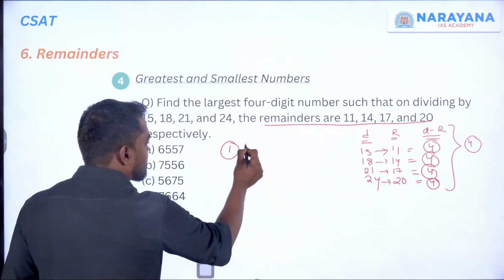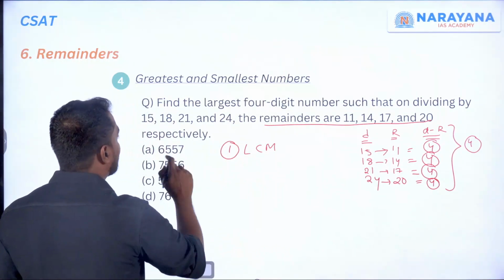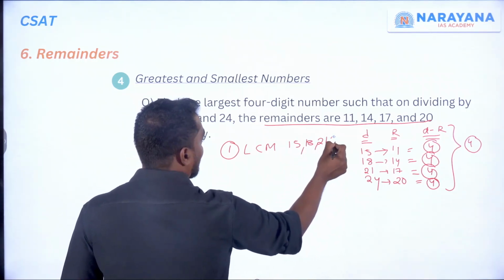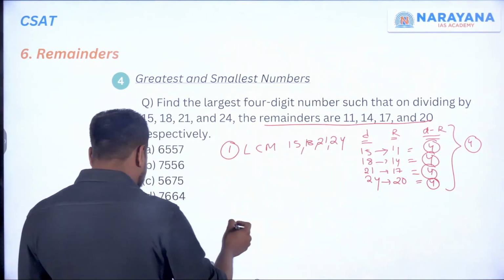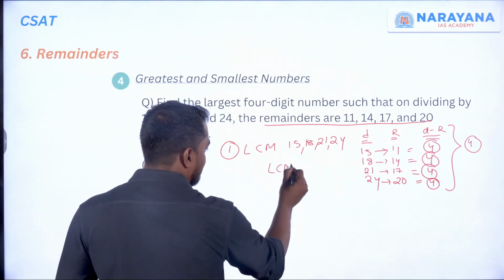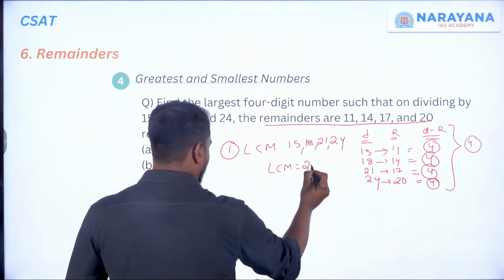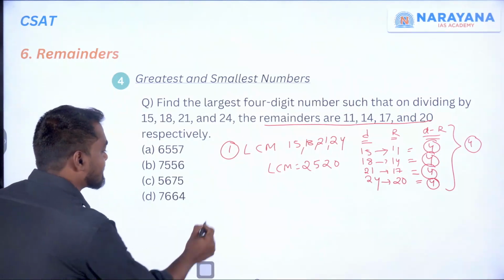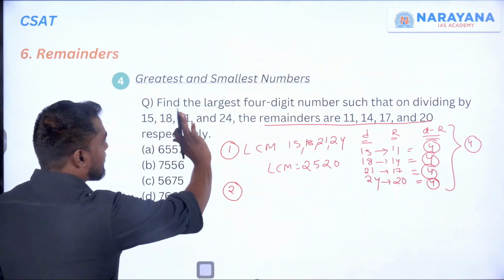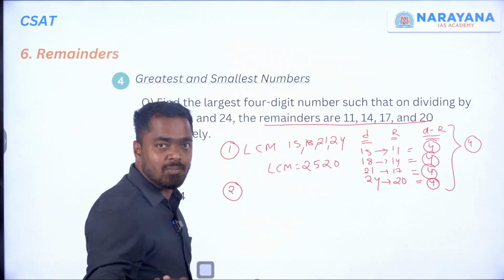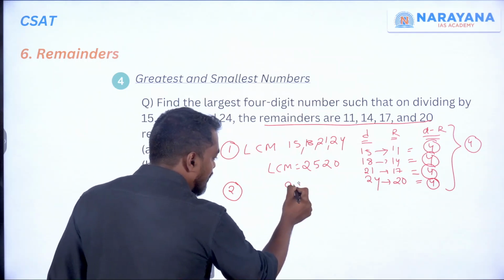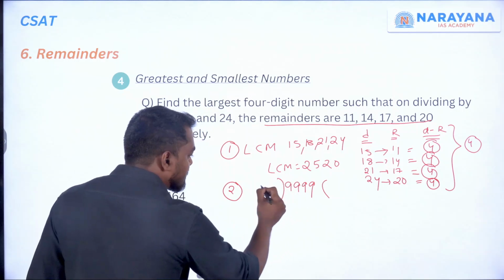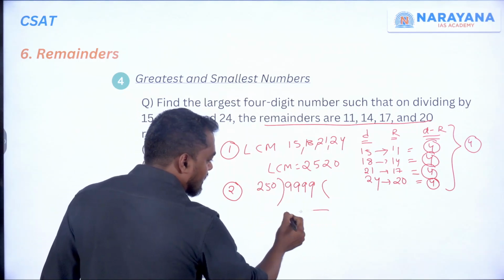Now what is the first step? You have to find the LCM of the divisors, that is 15, 18, 21 and 24. If you find the LCM, you will get the LCM as 2520. Now what is the next step? They are asking for the largest 4-digit number. Consider the highest 4-digit number, that is 9999. Divide it by this LCM. Find the remainder.